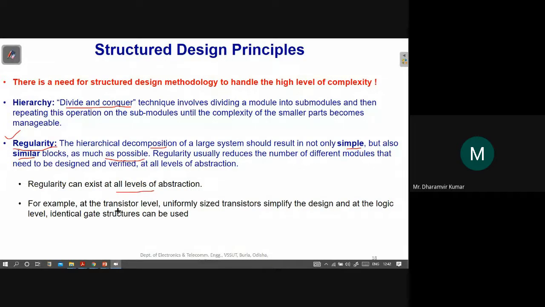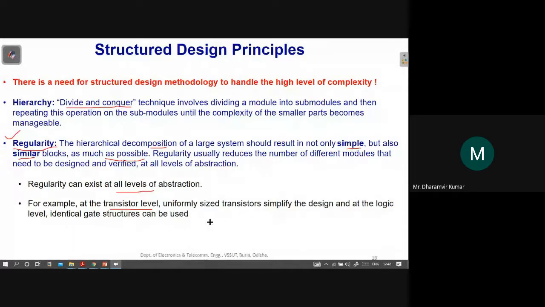For example, at the transistor level, that is at the bottom level, at the device level, uniformly sized transistors simplify the design, and at the logic level, identical gate structures can be used.